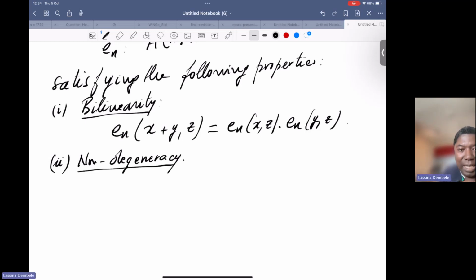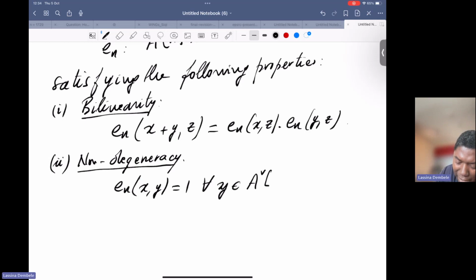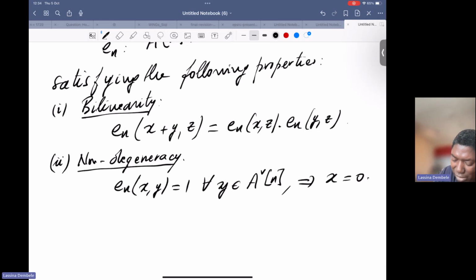This means that if e_n(x, y) is equal to 1 for all y in A dual n, then this would imply that x is equal to 0.